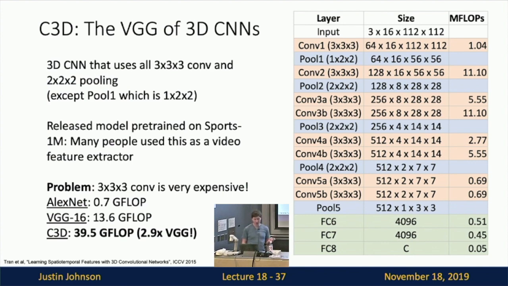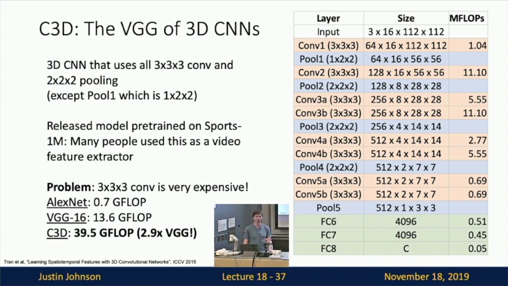For comparison, VGG16 was 13.6 gigaflops, so this C3D model is almost 3 times as expensive as a VGG. And compared to AlexNet, which on 224 by 224 image inputs was only 0.7 gigaflops, C3D is way more computationally expensive.